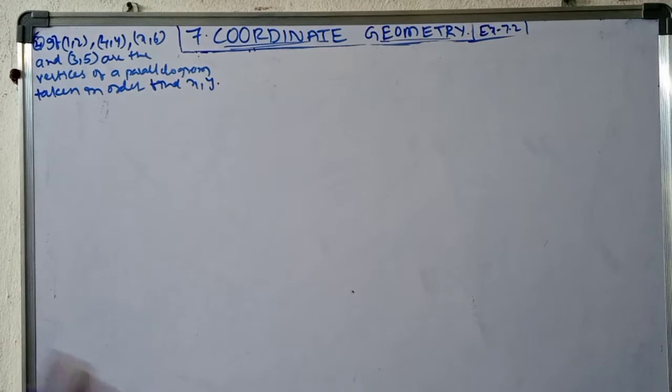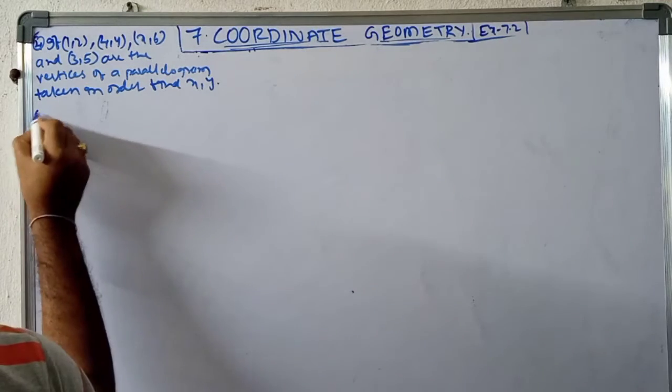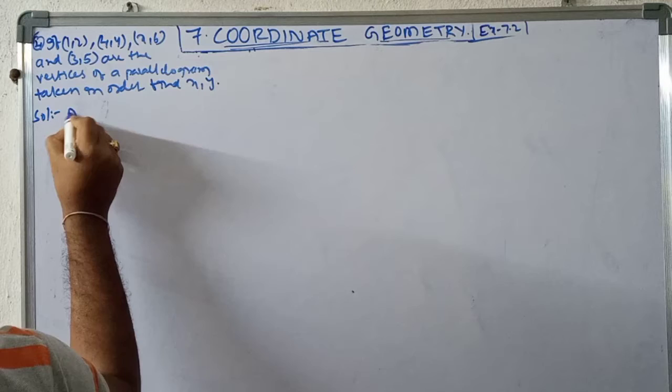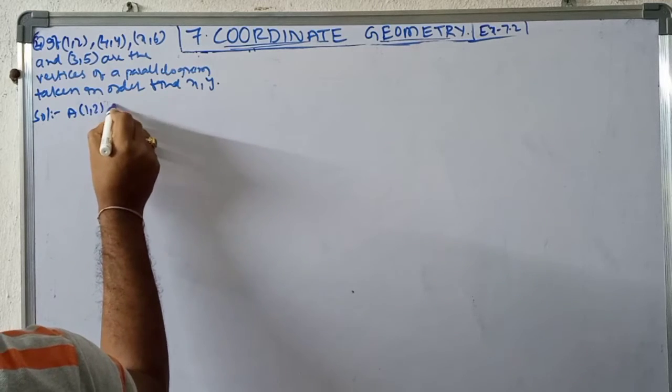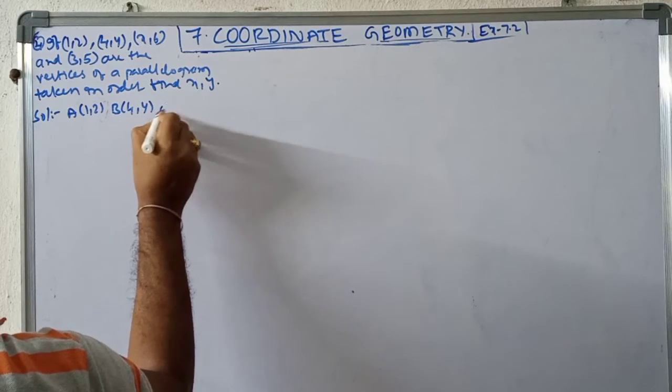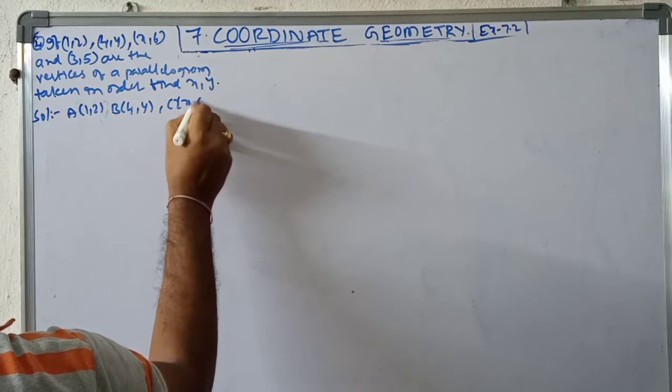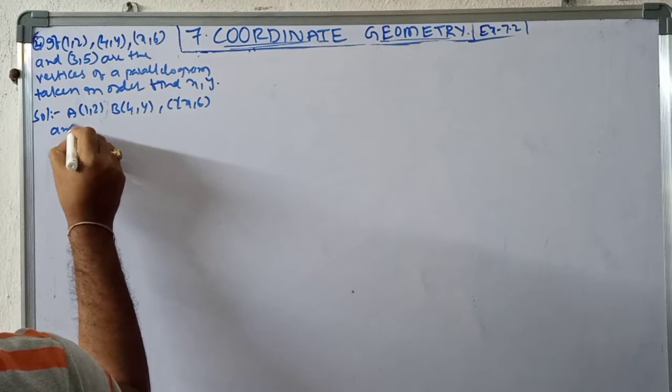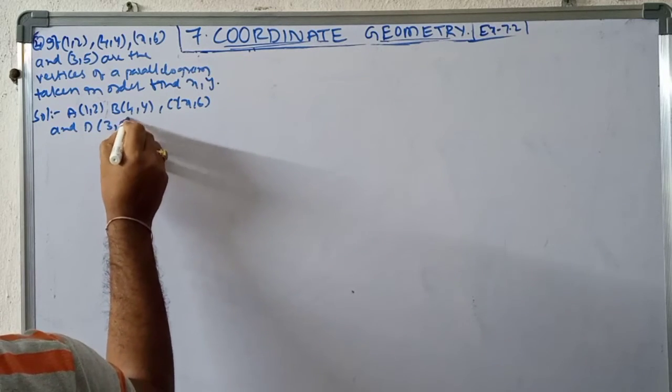So I want to take all the vertices in order. Solution: A 1 comma 2, B 4 comma y, C x comma 6 and D 3 comma 5.